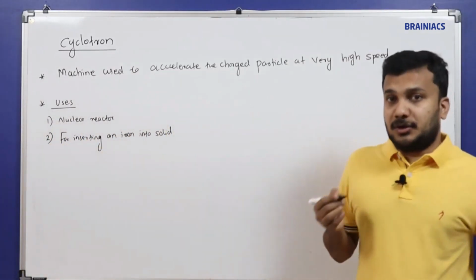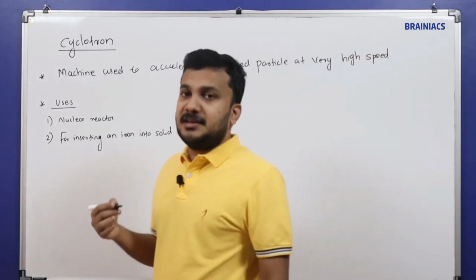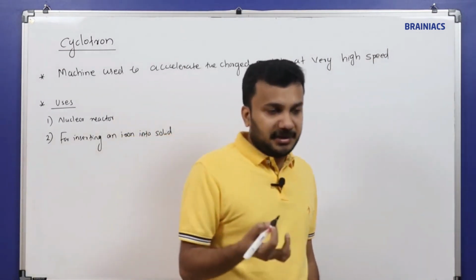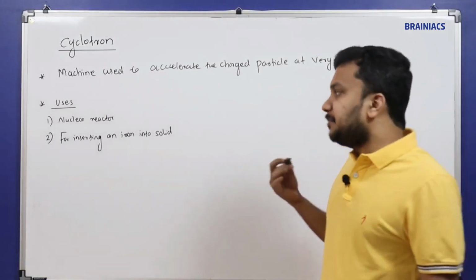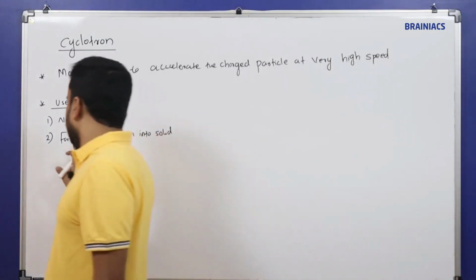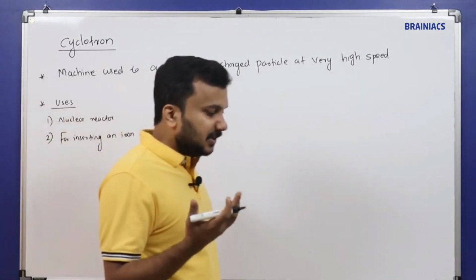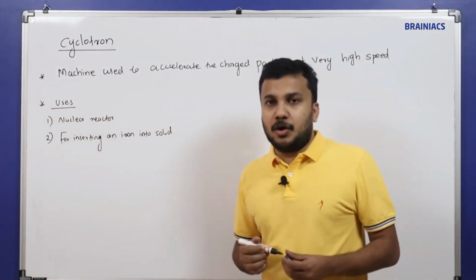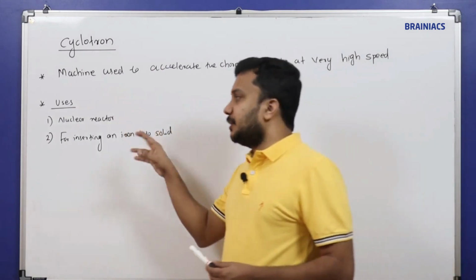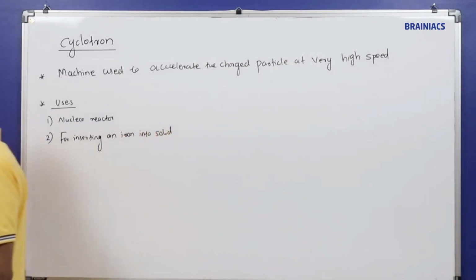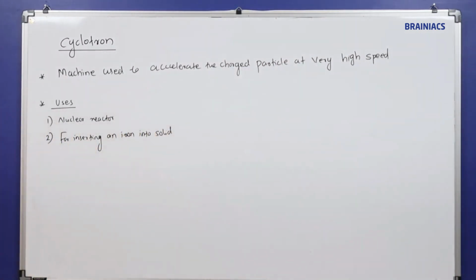Doping is a process of mixing one material with another material. This doping process means inserting an ion, which may be some chemical compound, into some other chemical compound in order for certain chemical reactions to happen.